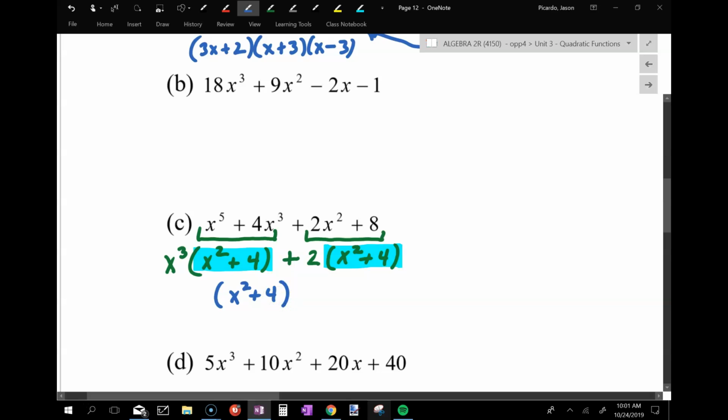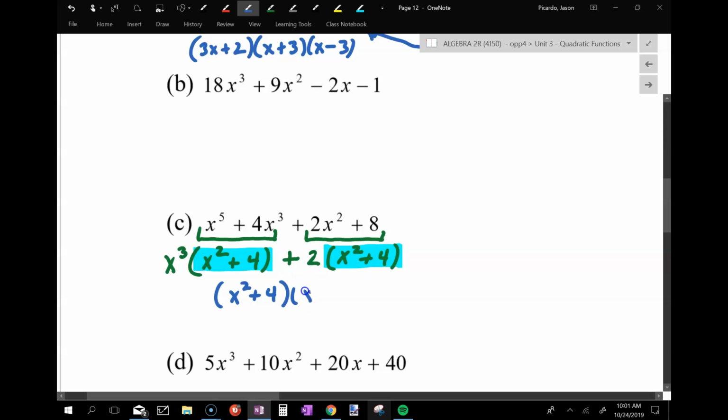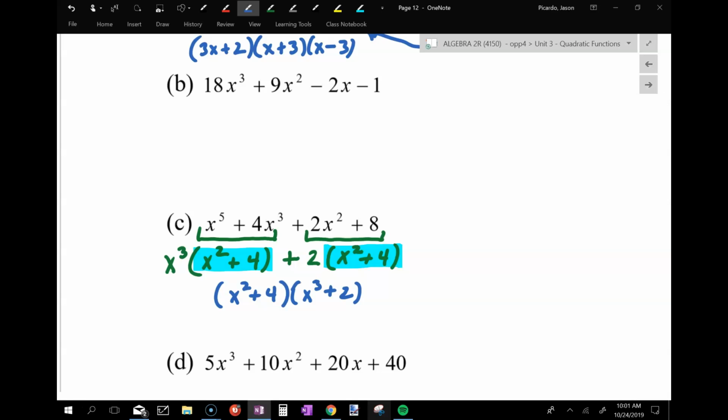What's my other factor? X cubed plus 2. It's the stuff that I didn't highlight, the stuff that I didn't use, the stuff that wasn't common. Nothing else I can do on those, right? Is x squared plus 4 a DPS? No, because it's plus 4, right?